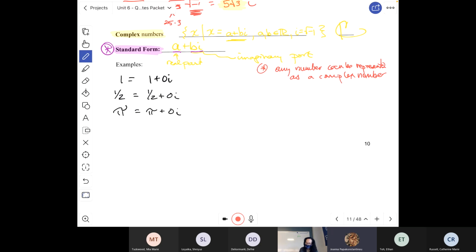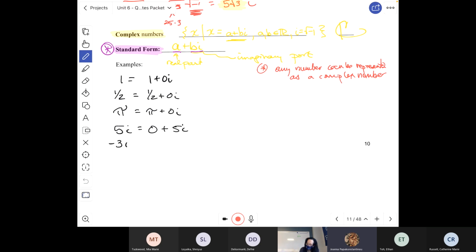What if I give you 5i? What type of number is that? It's imaginary because it has i in it. But can I represent it as a complex number? What would it be? Very good. And we'd have to write it in standard form.